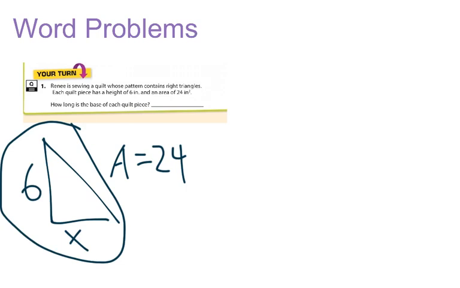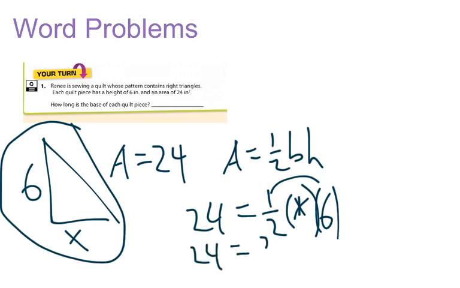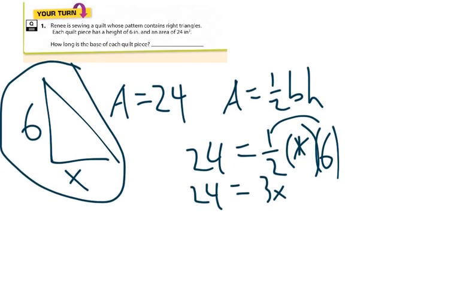And so we drew a picture. Next step is we plug in the values into the equation. So area is equal to 1/2 base times height. 24 equals 1/2 x times our height, which is 6. So multiply those together, you get 3. 24 is equal to 3x, and x equals 8.